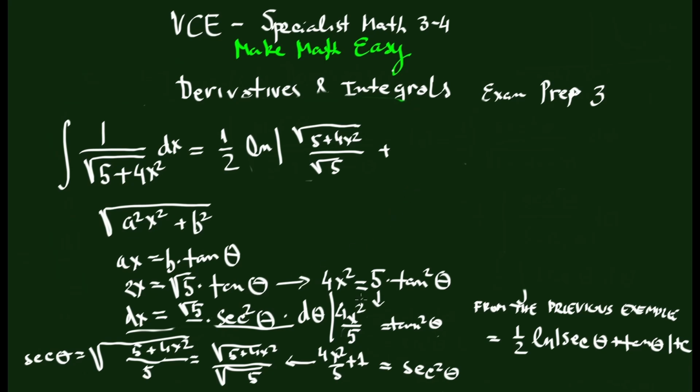We said the tangent from here is 2x divided by square root of 5, and that's all plus c. And you can leave it as such, or we can take that common square root of 5 out and merge it with c if you wish. So we'll leave that as that for now.